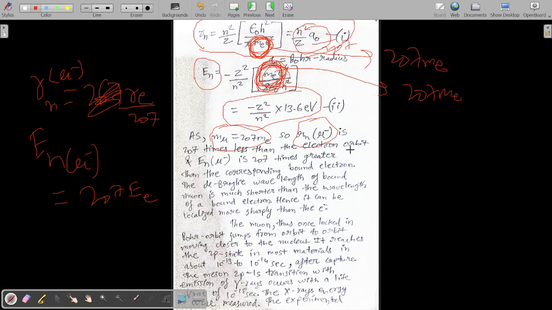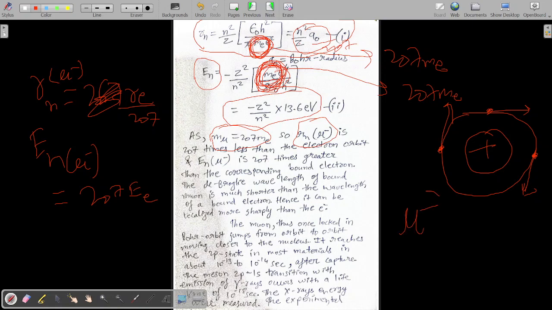So what does this mean? This means that just like Niels Bohr told that the electron is revolving in a quantized circular orbit around the nucleus, Bohr-like orbits, similar work is now being done by the mu minus meson.